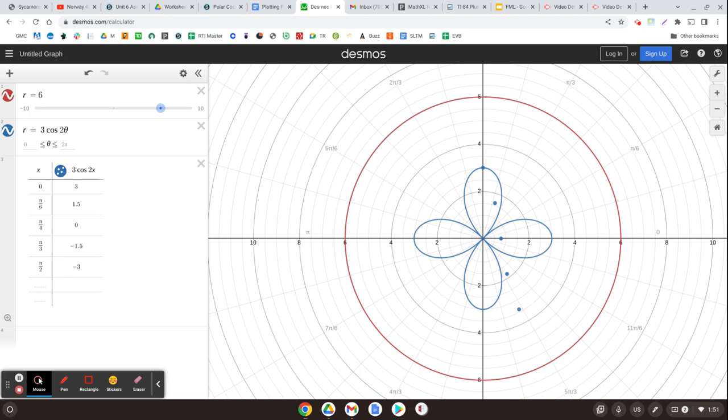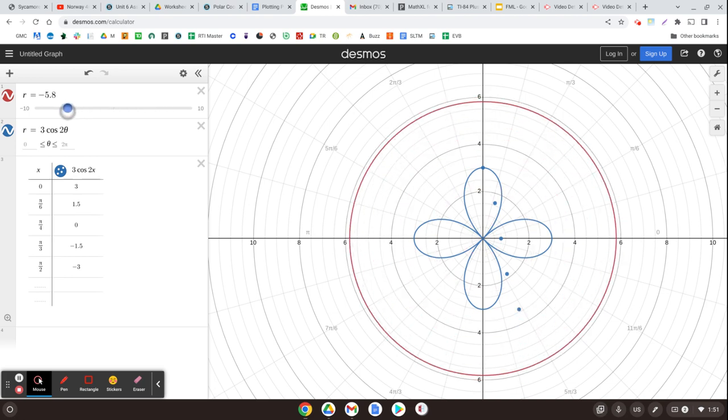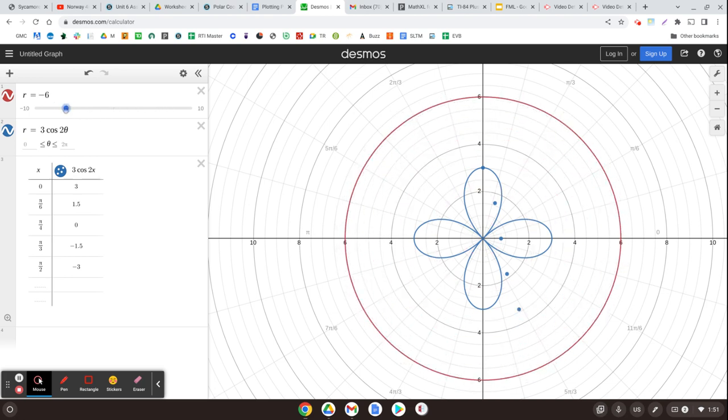Now, one thing that's weird about polars is R equals -6 does exist, and it's the exact same circle as R equals 6. So you have a lot of redundant points in the polar system. It's not 1-to-1. Here's a way to think about it. The point 4, 0 degrees is the same as -4, 180 degrees.